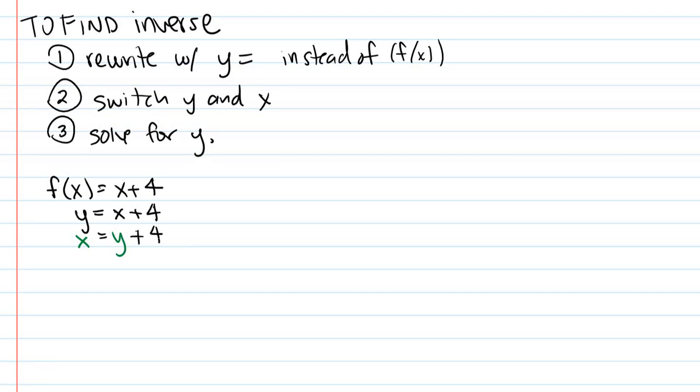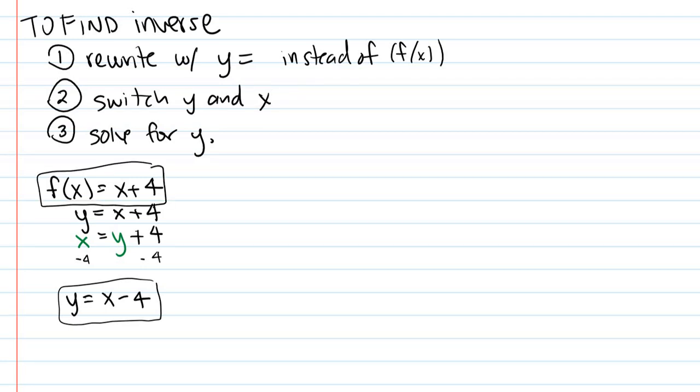Now I'm going to solve for y, and I do that by subtracting 4 to the other side, and then I'll rewrite it, y equals x minus 4. So this is the inverse. We would write it as f of -1, x equals x minus 4. This should be our final answer, because that's the inverse.